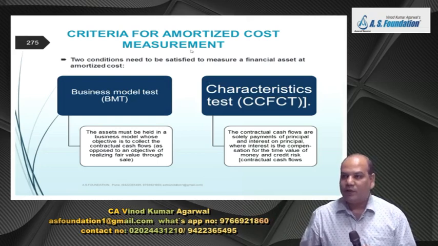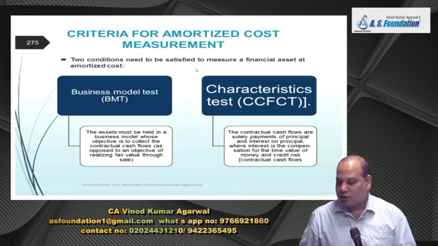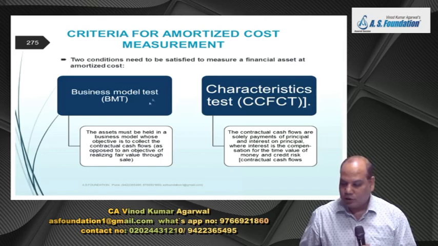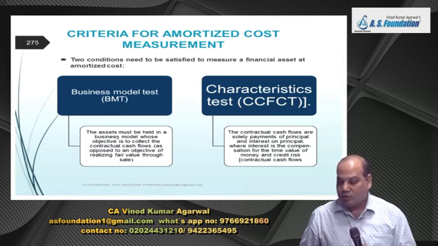When will you classify a debt instrument as amortized cost instrument? Following two conditions need to be satisfied. One, it must satisfy business model test. And which business model test? The asset must be held in a business model whose objective is to collect the contractual cash flow.